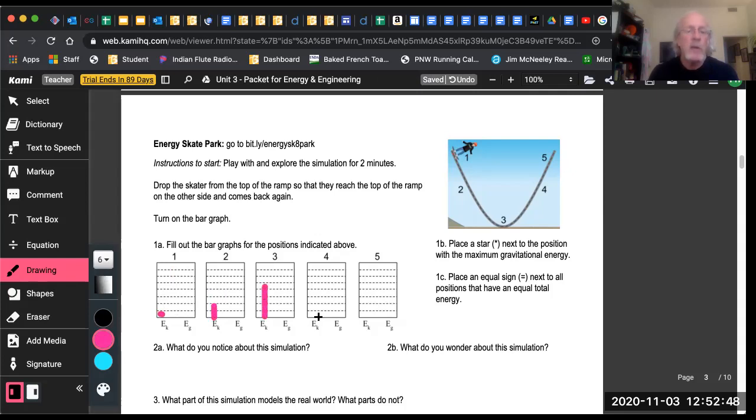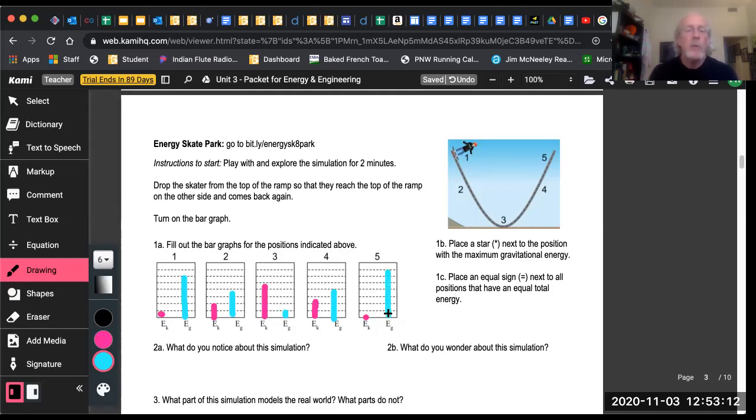Position 3, it gets still bigger. Position 4, it gets a little smaller again. In position 5, it's almost down to 0. If I go to the potential energy, the potential is really big and then comes down and is very small, and then gets bigger because she's going back up higher.